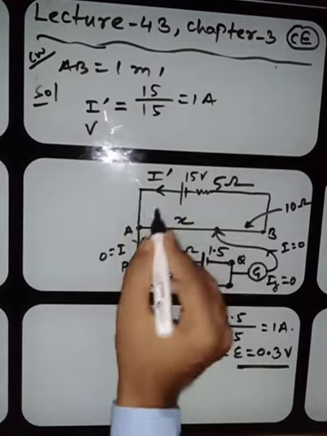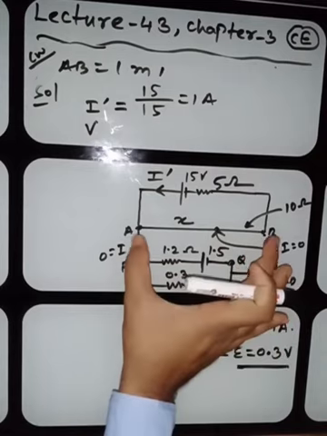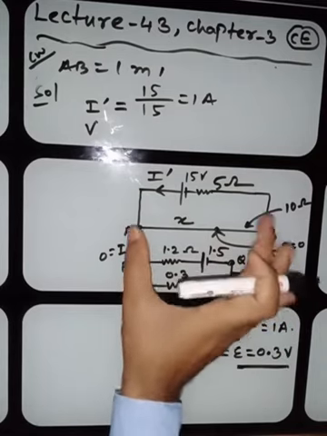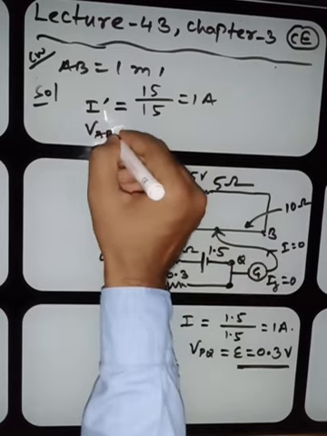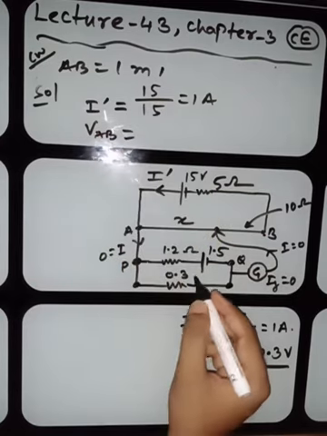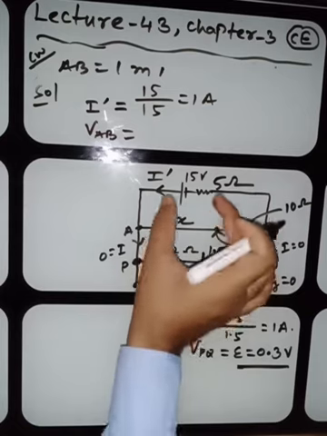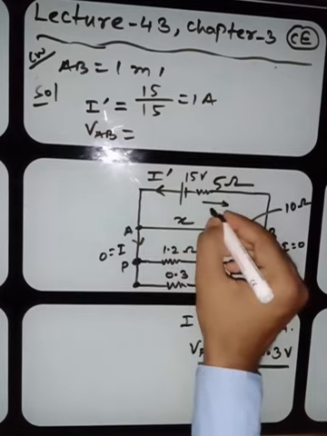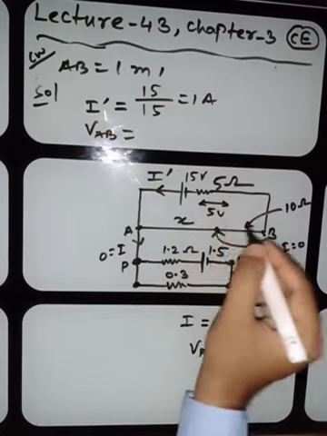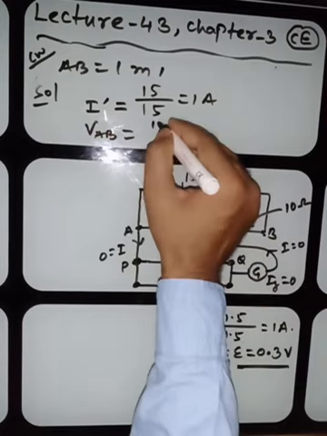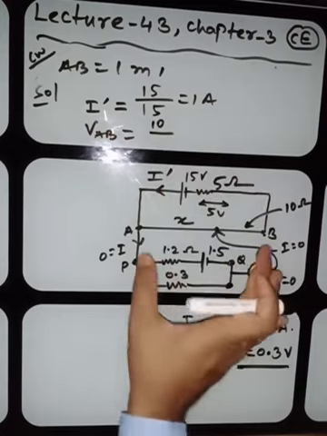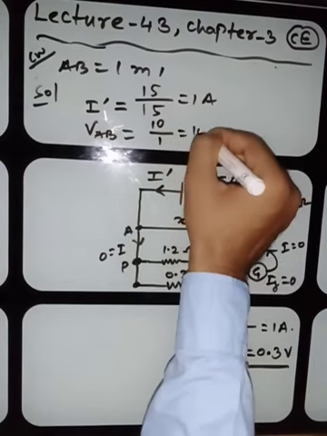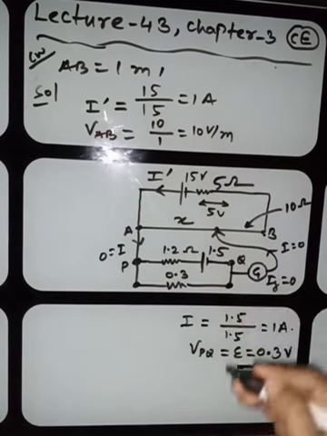Now V_AB, the potential across the potentiometer wire, is 15 minus the potential drop here, 5 volt, so 15 minus 5 is 10, divided by the length of the wire, which is 1 meter. So it is 10 volt per meter.